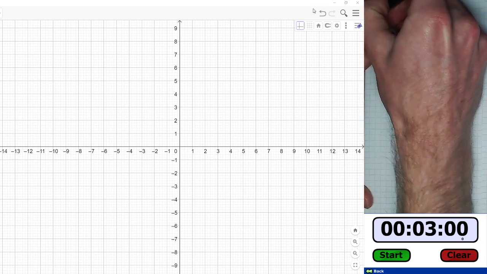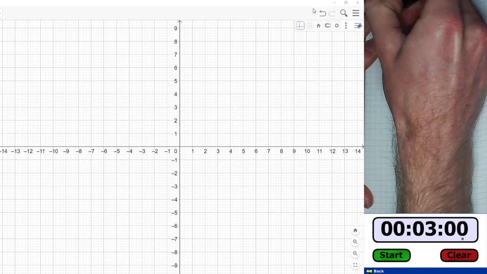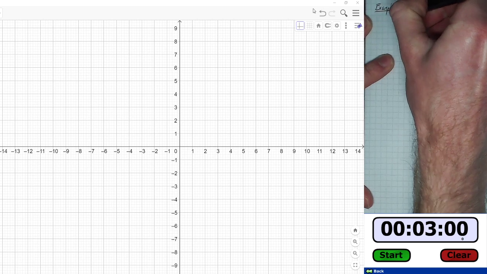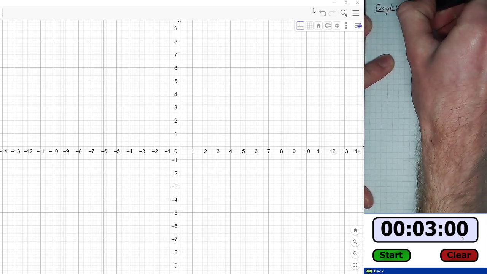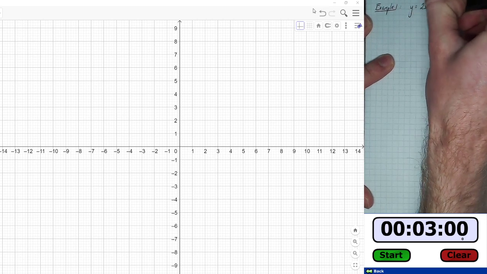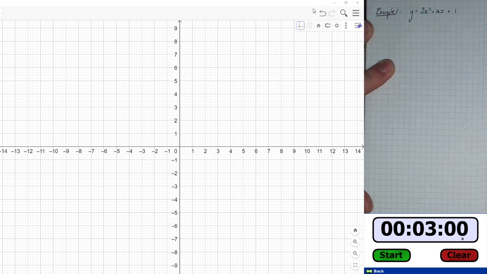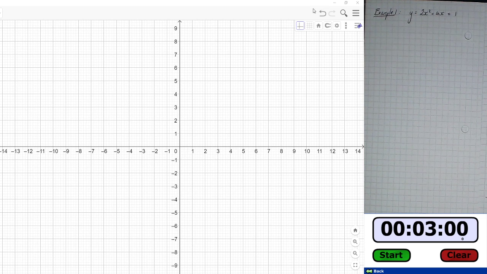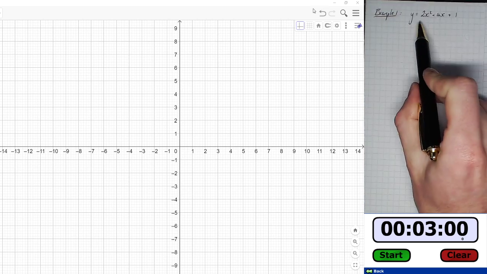So our first quadratic that we're going to have a look at today is going to be the quadratic y is equal to 2x squared plus 4x plus 1. Okay. Now, that quadratic is already a little bit more complicated because it's got that 2 there.